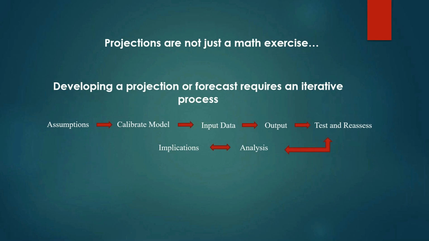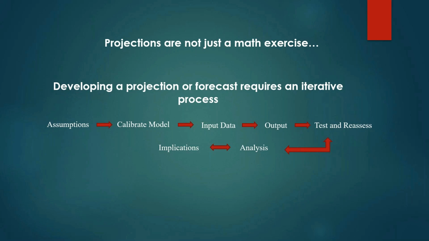So as I said earlier, when we released our projections, our December 2020 revision, we were off on the 2020 number. And we update our projections every 3 years and do annual revisions. And why do you do these revisions? Well, when you're developing a projection or forecast, it requires an iterative process, a process that begins with assumptions about the economy, assumptions about the community, assumptions about development.